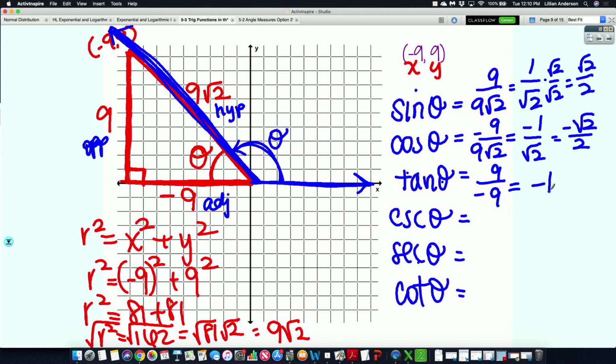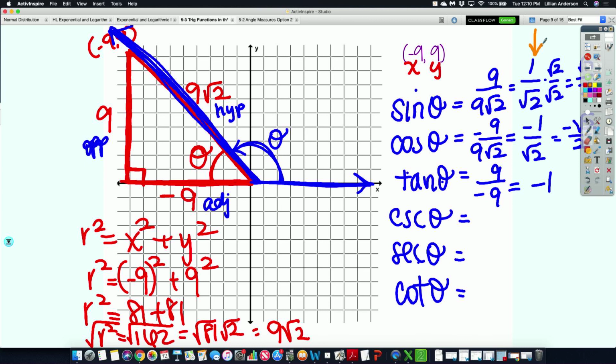Now let's do cosecant theta. Cosecant is the reciprocal of which one? Sine, so that means I need to flip sine. And if I'm going to take it from my work I've already done for sine, you want to take it from the non-simplified answer.